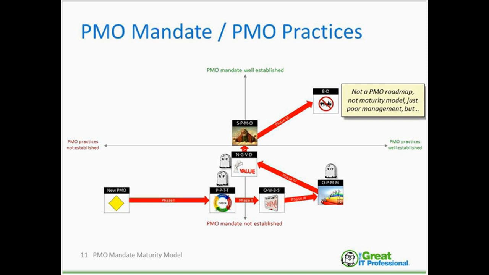You might ask, what's a PPTT PMO model? And if you know this in advance, congratulations. PPTT is what I refer to as people, process, tools, and let's throw in some training.